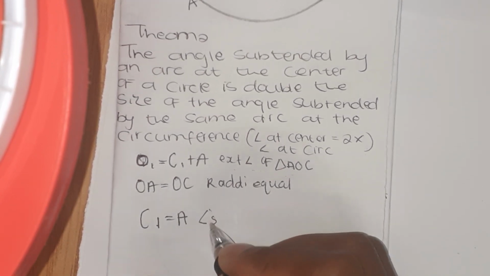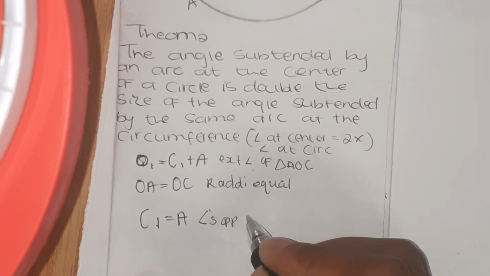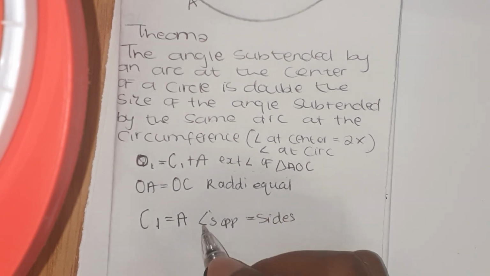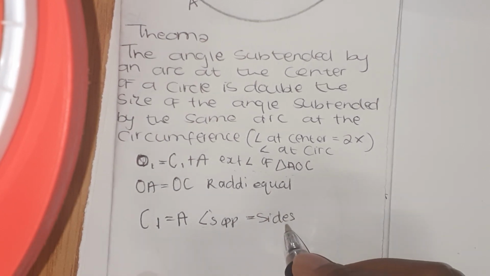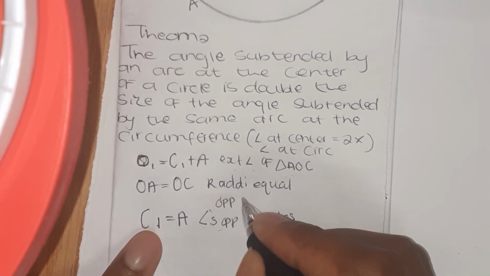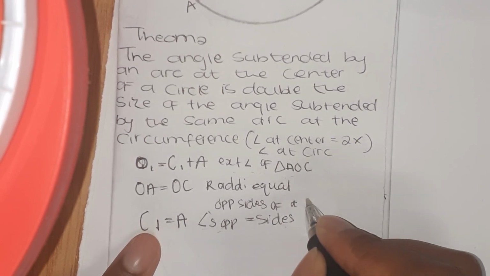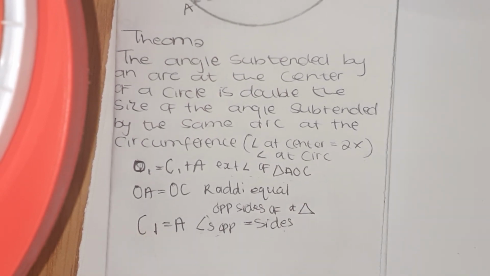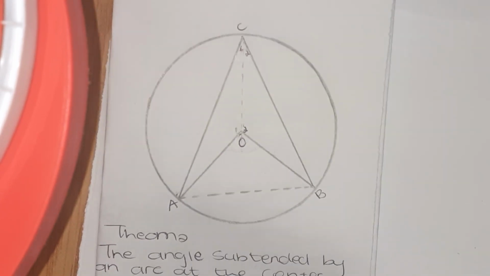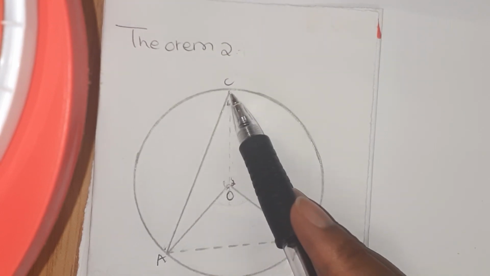Angles opposite equal sides, right? Or you can say opposite sides of a triangle, right? Then you have proved that this and this are equal.